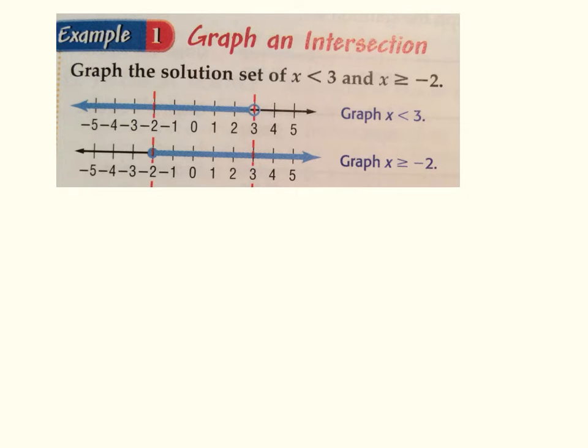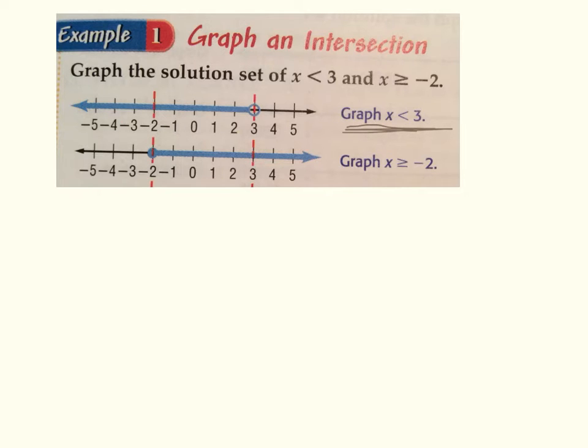Okay, here's an example from the textbook. It says graph the solution set of x is less than 3 and x is greater than or equal to -2. So we could actually do 3 graphs for this if we wanted to. We could first graph the part that's x is less than 3, so that's an open circle at 3, and then we shade everything to the left of that with a bolded arrow at the end, okay?